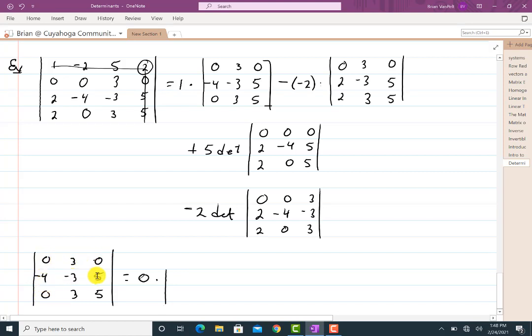Negative 3, 5, 3, 5. Moving across row 1, now I will go and do -3 because I'm alternating the signs. Now do the same thing in your head. Mark its row and mark its column and see what's left over. -4, 5, 0, 5.